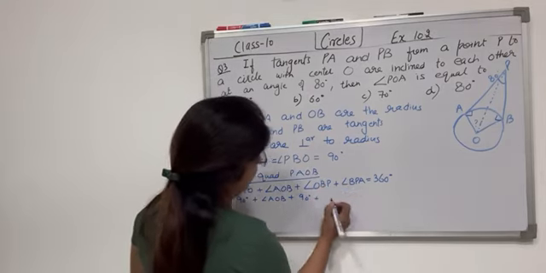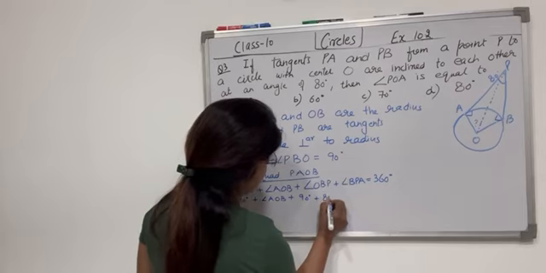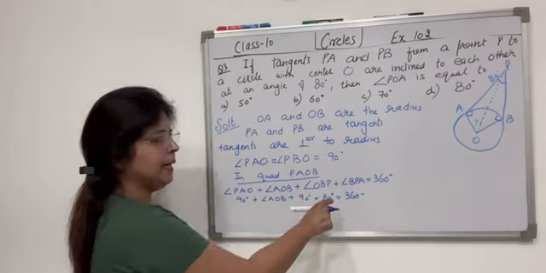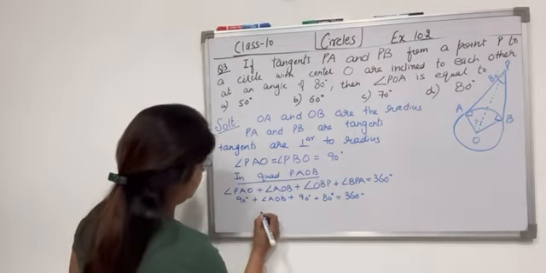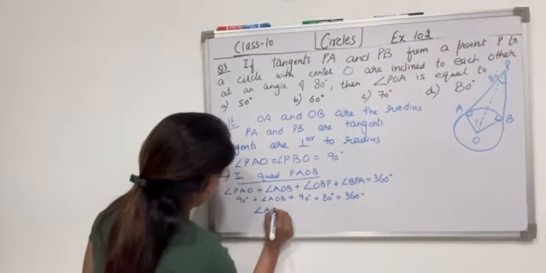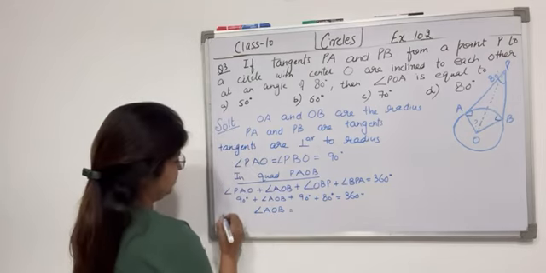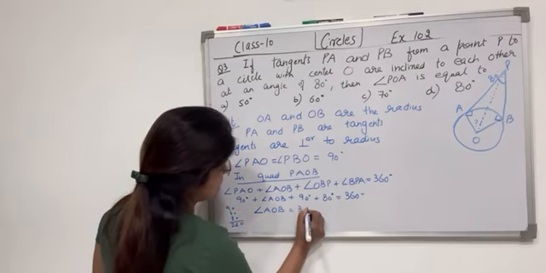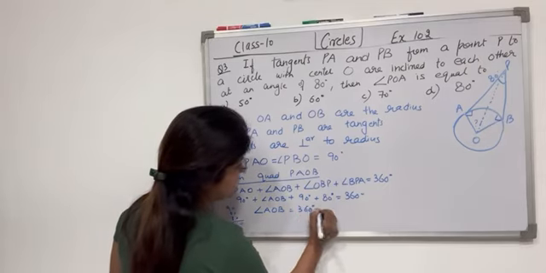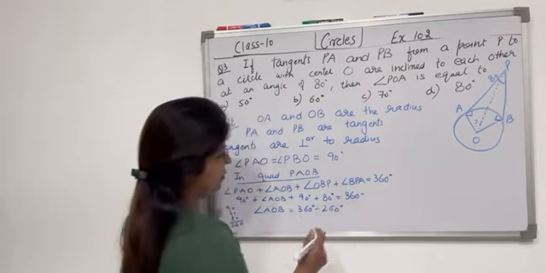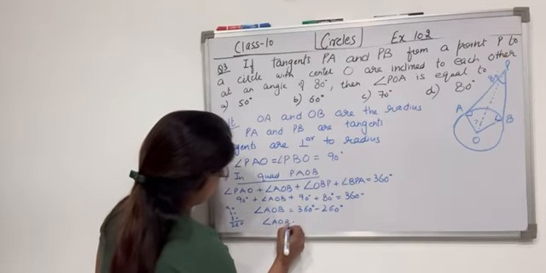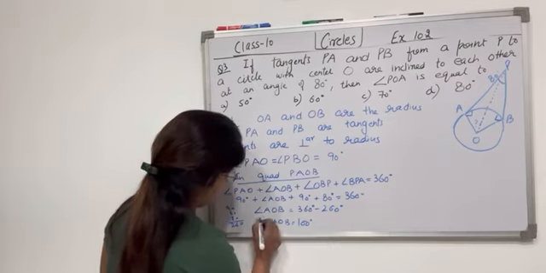Angle BPA or APB, we can say either, is equal to 80 degrees, and the sum is 360 degrees. 90 plus 90 plus 80 is 260. The sum of all these three angles is 260. I transpose 260 to that side. It means angle AOB is equal to 100 degrees.